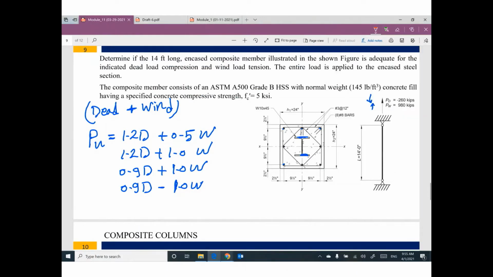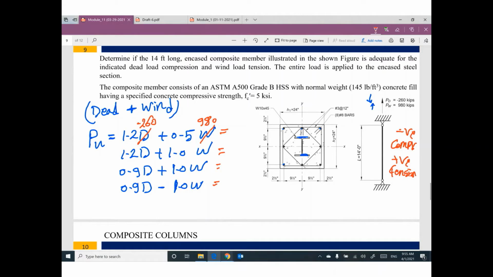The value of dead is negative 260. So I will assume negative means compression. Positive means tension. Okay.